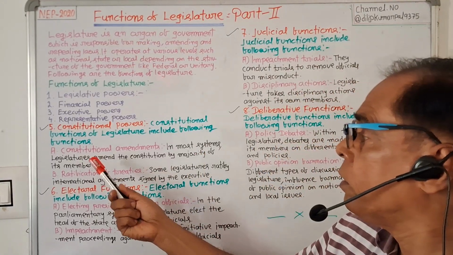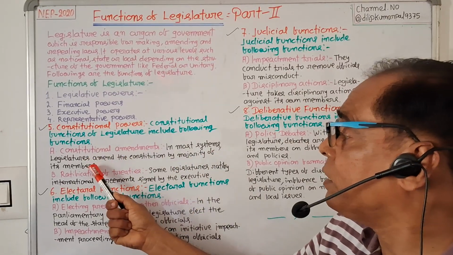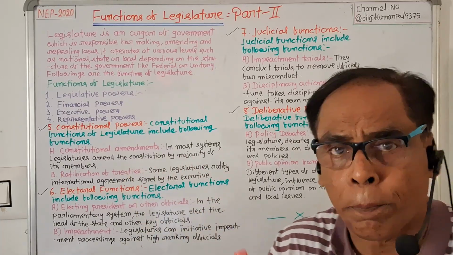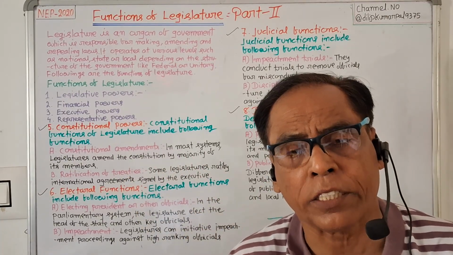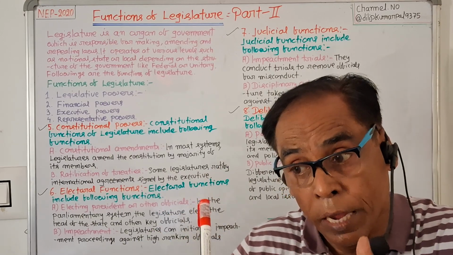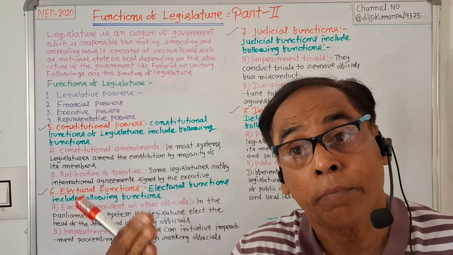Number 1, constitutional amendment. In most systems, legislature amend the constitution by majority of its members. So the first constitutional function of legislature is that legislatures in most nations amend the constitution by majority votes.